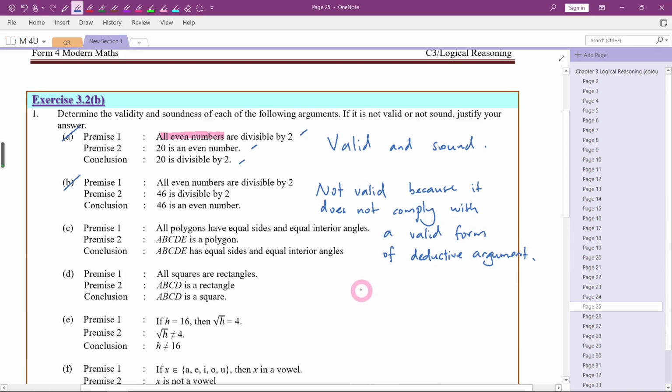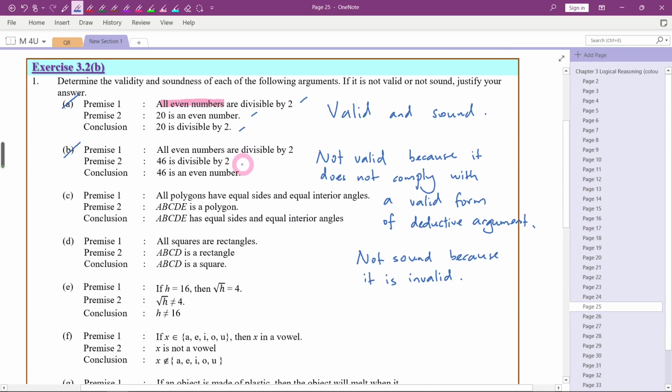Is that sound? Not sound. Still remember just now where I told you, every argument, if it is invalid, not valid, it will not be sound. Not sound because it is invalid, or because it's not valid.